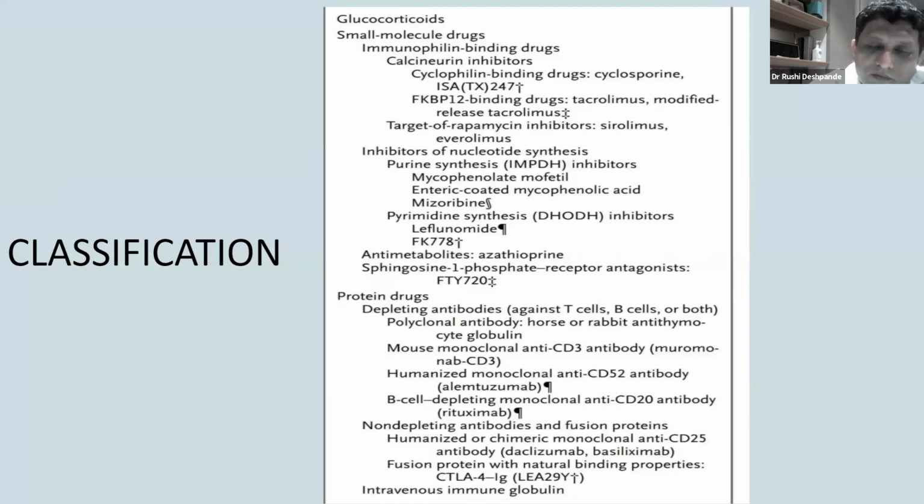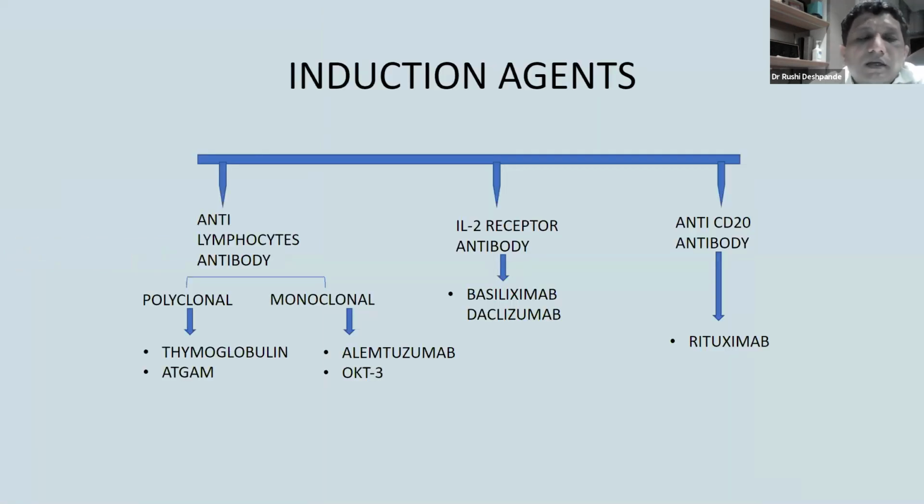Rituximab we will go over. These are the induction agents. Anti-lymphocyte antibodies, what are they? Polyclonal and monoclonal. Polyclonal is thymoglobulin, which is commonly used, the rabbit thymoglobulin. ATGAM is horse-based thymoglobulin. Monoclonal antibodies are such as Campath or alemtuzumab, anti-CD52, and OKT3, which is the anti-CD3.